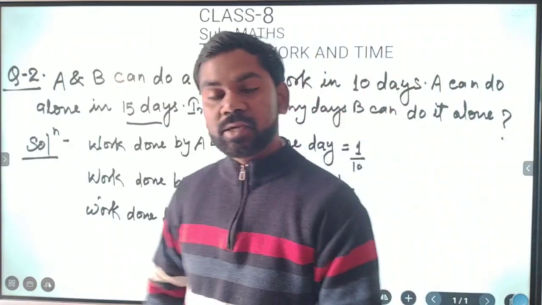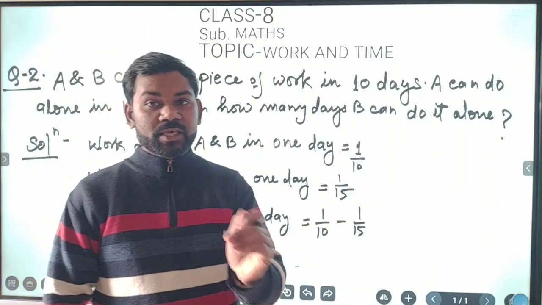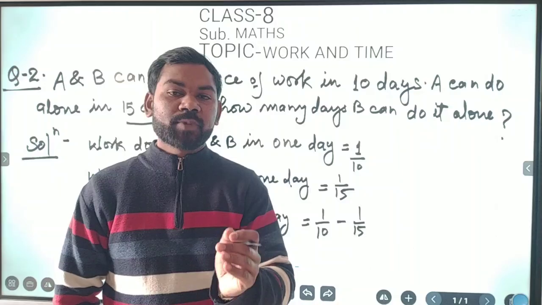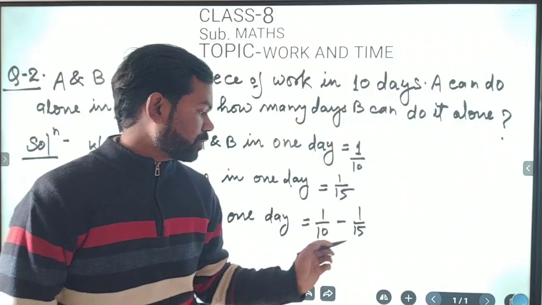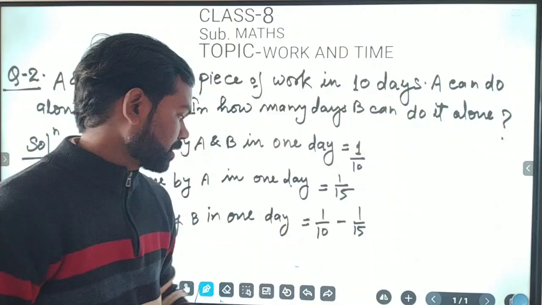Since 1 by 10 is the work done by A and B in 1 day, which is obviously greater than the work done by A in 1 day, we subtract 1 by 15 from 1 by 10.